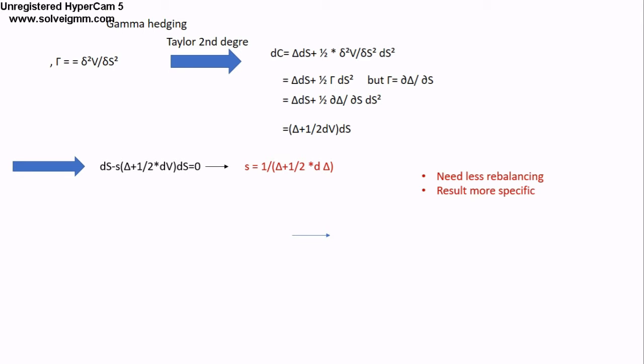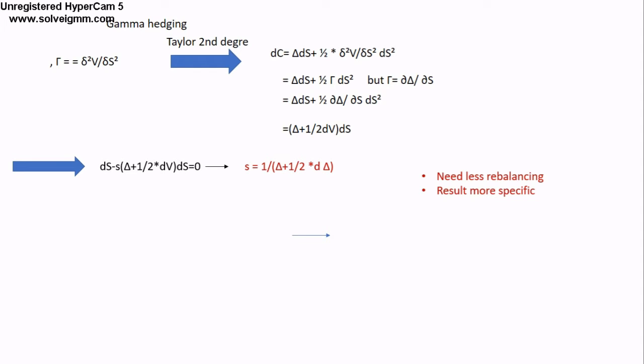And the result is more specific because the result is really near to the real price, because this is approximately of second degree, so it's clearly more specific. And like I said before, if we know the variation of delta, we know also the variation of price.